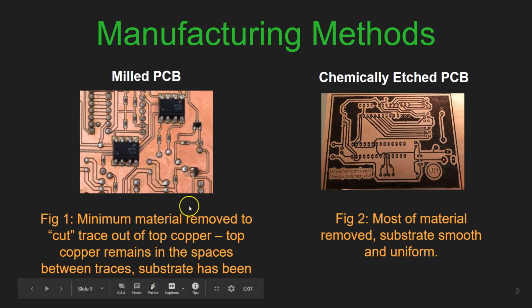In the milled PCB, there is a CNC machine we have in our lab which we use to get the holes on the PCB design. So this whole design is created on that machine. Whereas in the chemically etched process, there are different steps involved in making the PCB, and we will go through that in our next coming slides.